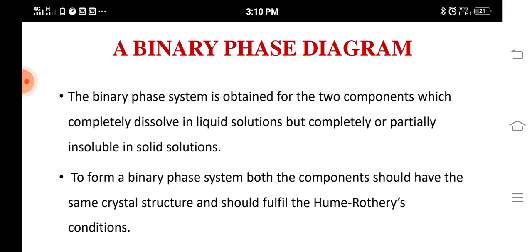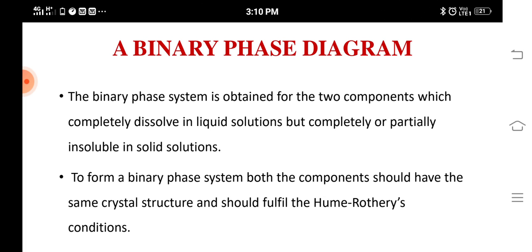For example, if you take iron carbon system, there are two components in the system, but the solubility can differ. Both the metals may be soluble or insoluble, that is, they may be completely soluble in liquid solution but insoluble in solid solution.